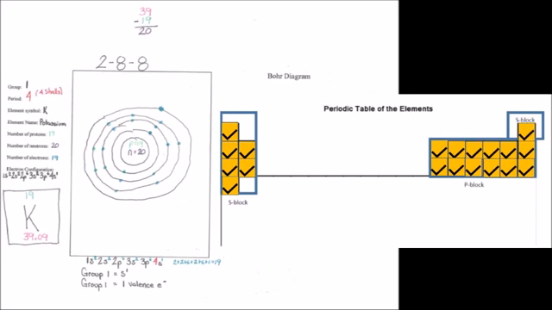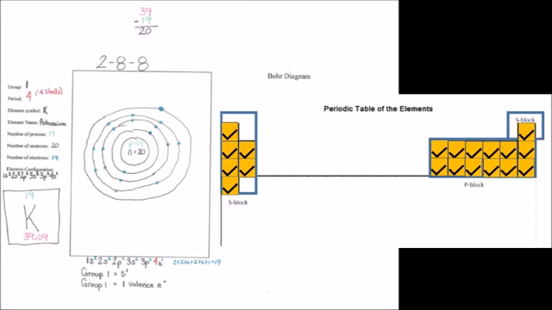If I look at my electron configuration, we are going to see if my pattern is holding true. So let's see what we got. We have 1s2, 2s2, 2p6, 3s2, 3p6, 4s1.